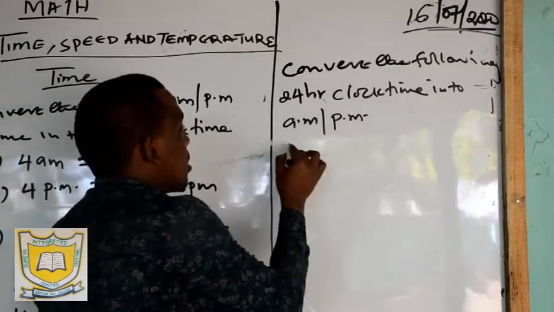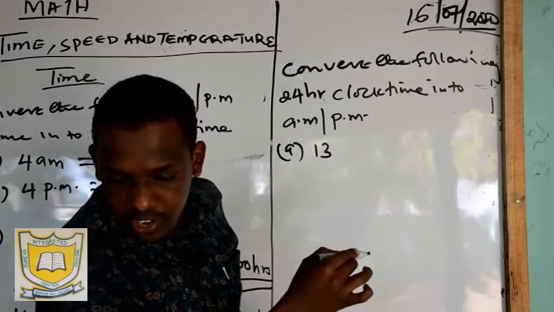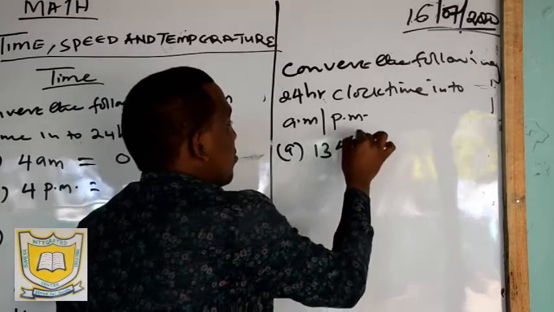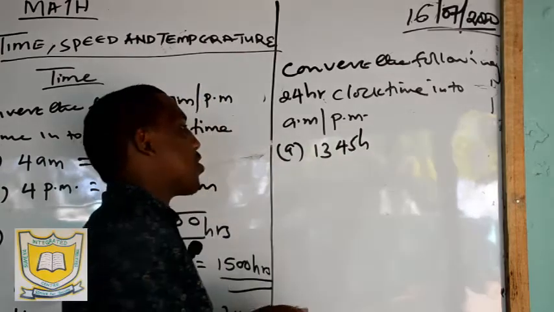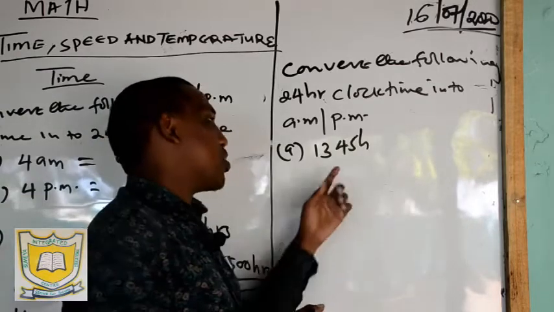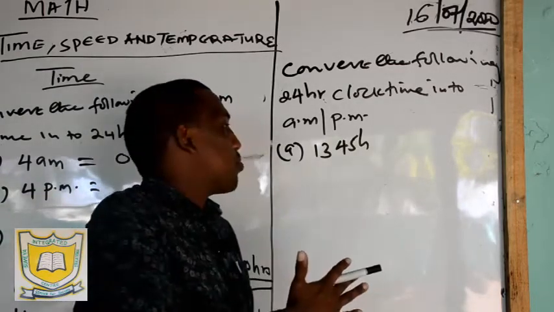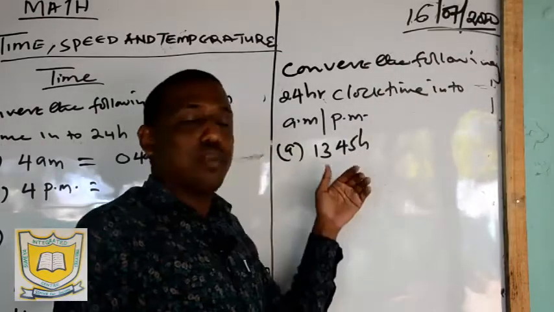So question A, you are given 13:45 hours. We want to change this one into PM. Remember, when we were changing PM to the 24-hour clock system, we were adding plus 12.